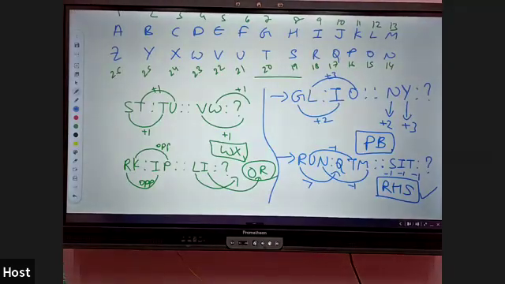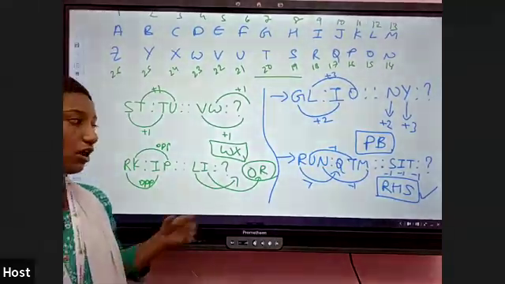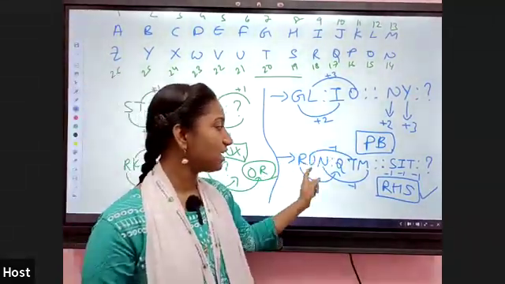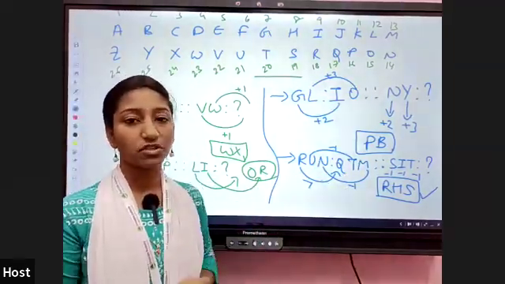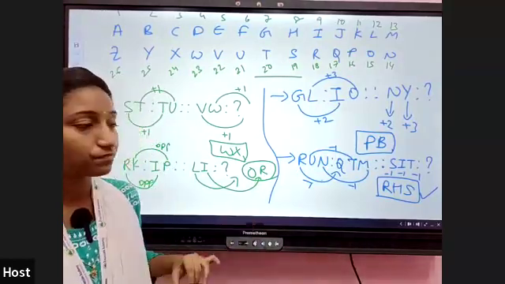Like this we should solve the questions. For double letters, there will be first letters and second letters. For three letters or four letters also, the theme will be for the first letter, second letter, third letter, and if four letters, the fourth letter also; we should find the code and solve the question.